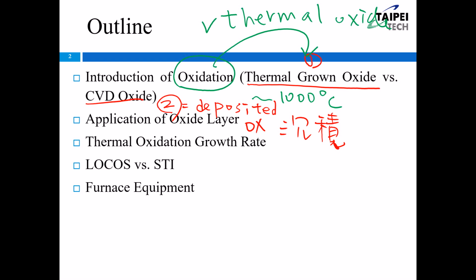Because we use deposition, we go to the thin film module, right? We go to the thin film area to deposit the oxide. So the CVD oxide is the deposited oxide.